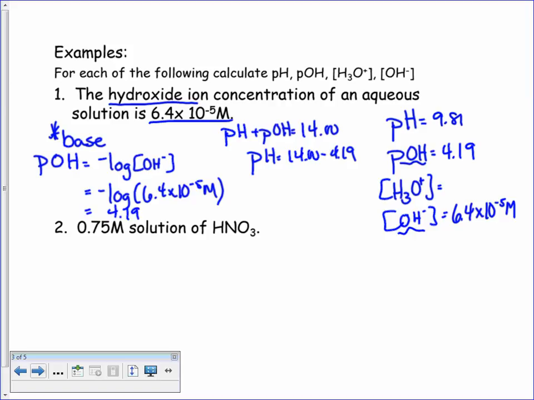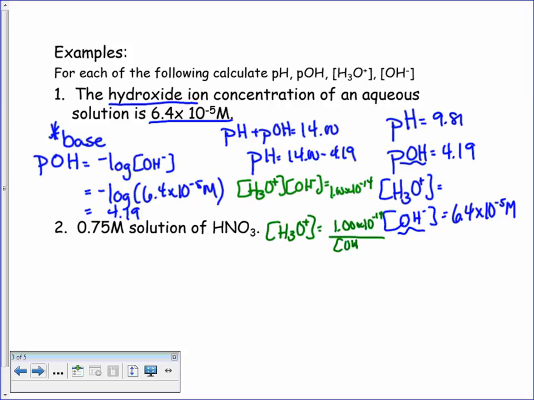And now to get the hydronium ion concentration, we'll consider the formula from the front of your sheet. It says hydronium ion concentration times hydroxide concentration equals 1 times 10 to the negative 14. Solving for hydronium concentration, that's equal to 1 times 10 to the negative 14 divided by hydroxide concentration.